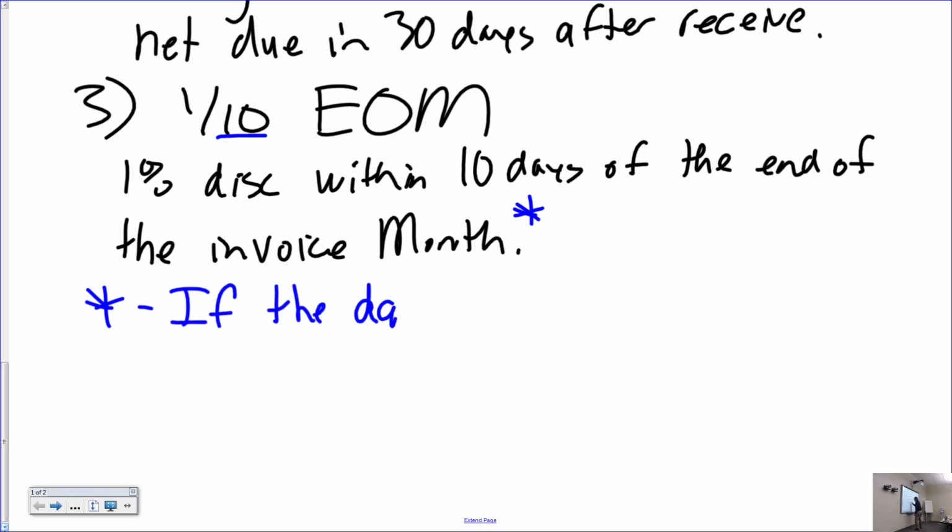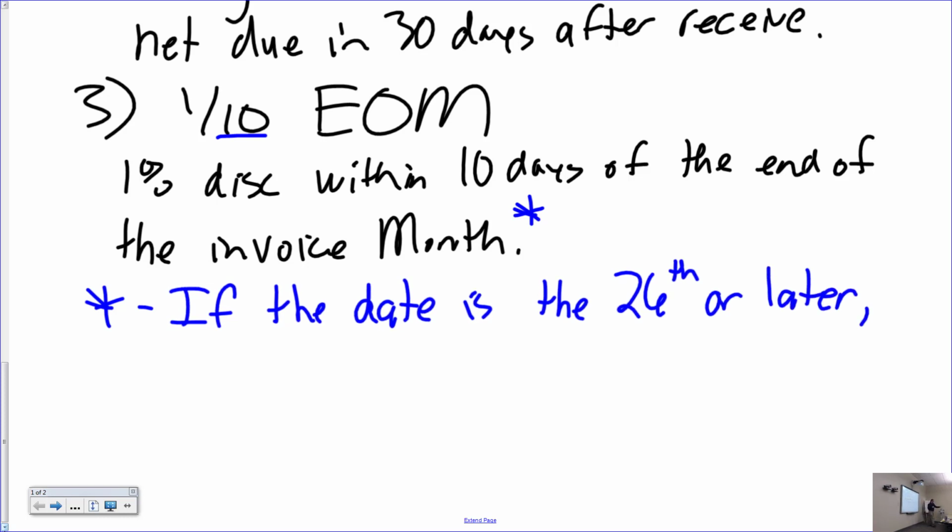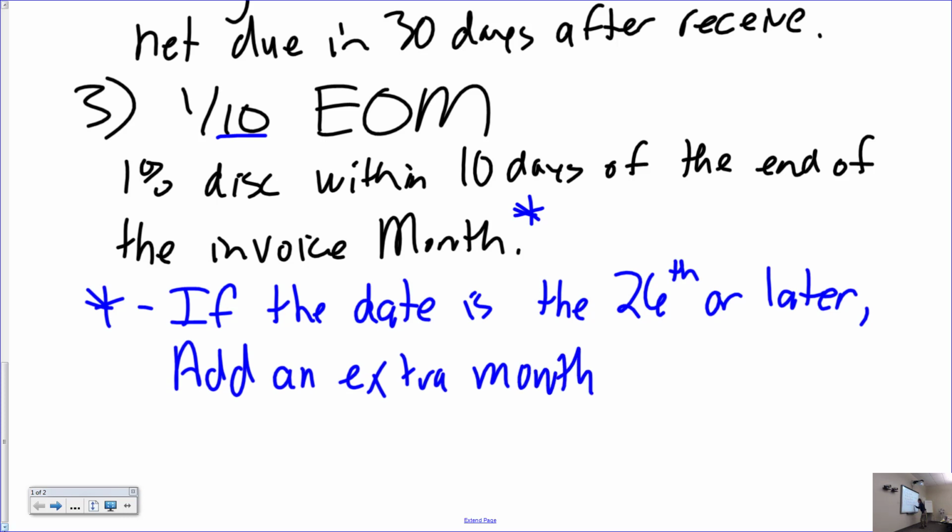If the date is the 26th or later, so i.e. 26th, 27th, 28th, 29th, 30th, or 31st, you actually add an entire extra month to the terms if the date of the invoice is after the 25th, i.e. 26th or later. Okay?